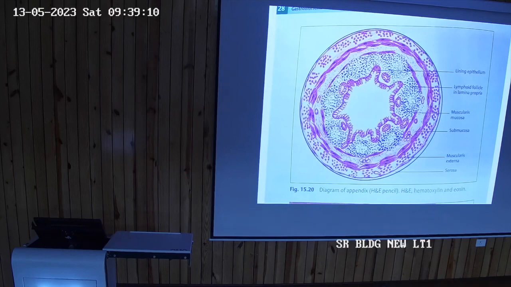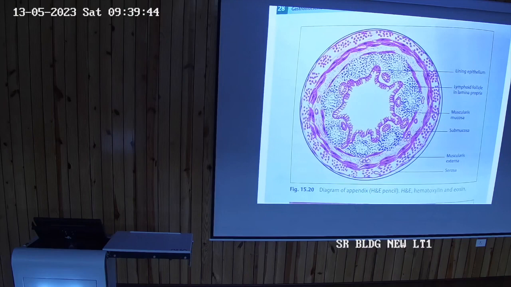Then if someone asks you, how will you differentiate the slides of colon or appendix? The differentiating point, in the slide of appendix you can see the lumen. No lumen is seen in the colon, one. Another thing, the muscularis externa of colon is collected in three bands, that means teniae coli. Teniae coli are seen in the colon, not in the appendix.